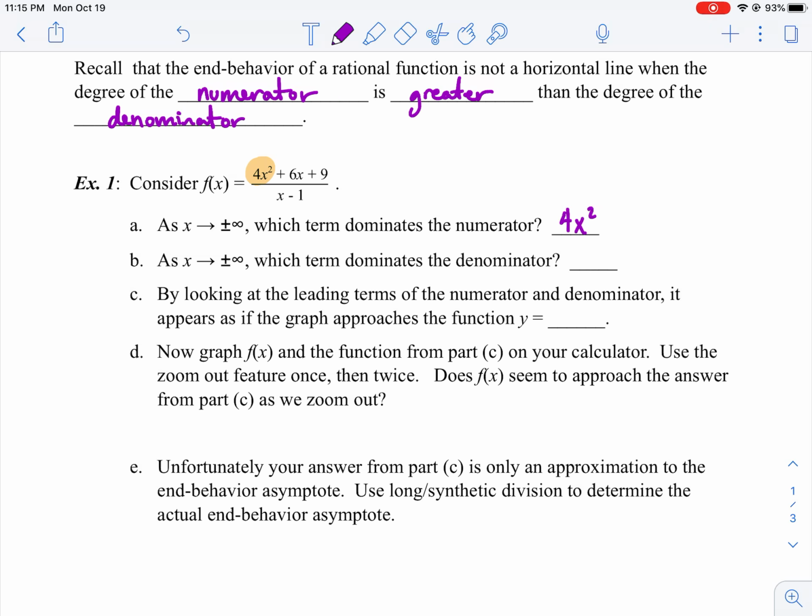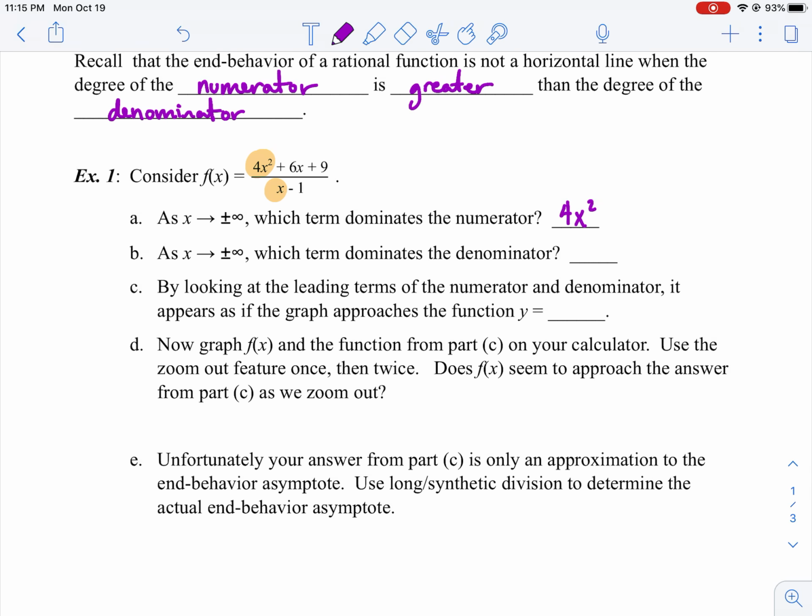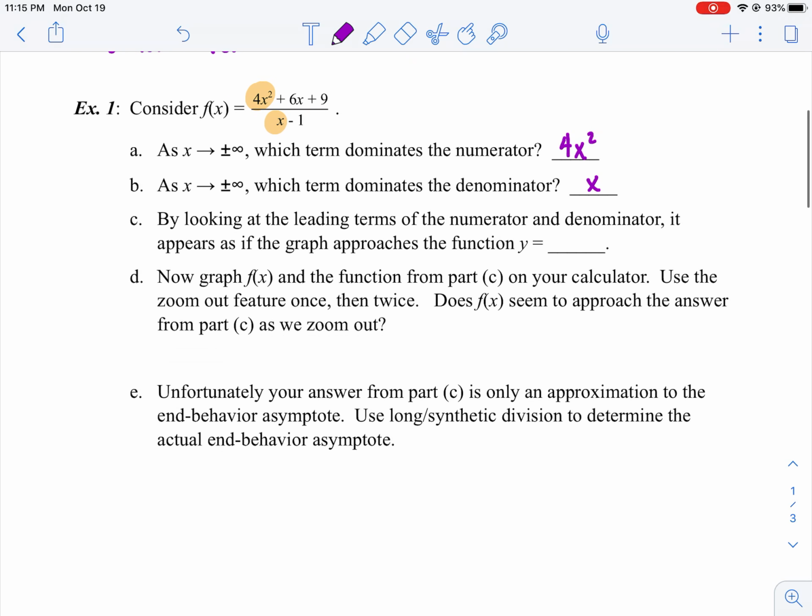And on the bottom, as I go to negative or positive infinity, the thing that's going to take control would just be the x. If I pick a really big value for x, subtracting 1 is not really going to have an effect. So it would just be x.